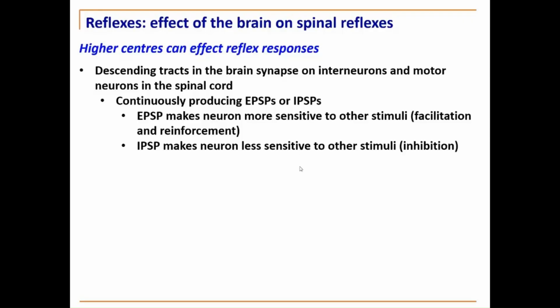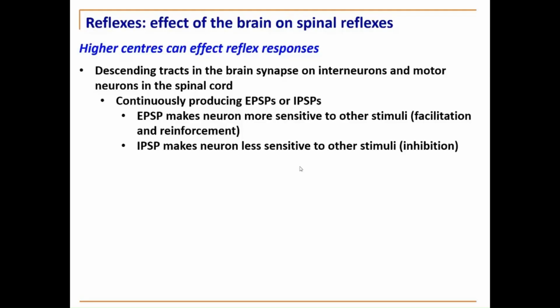Now we're going to think about the effect of the brain on spinal reflexes. Our higher centers can affect reflex responses. We have descending tracts in the brain. They can synapse on interneurons and motor neurons in the spinal cord, and they're continuously producing EPSPs and IPSPs.